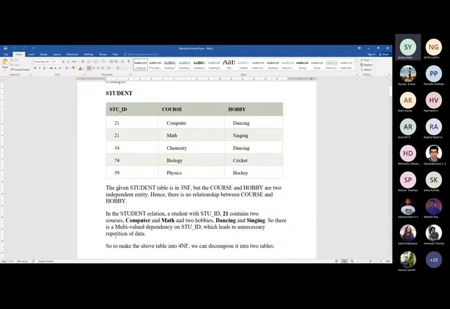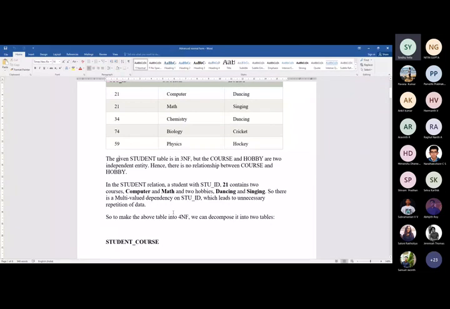In the student relation, a student with ID 21 contains two courses, computer and maths, and two hobbies, dancing and singing. So there is a multi-value dependency on student ID, which leads to unnecessary repetition of data. Due to this multi-value dependency, some additional records are created like 21 computer singing, 21 maths dancing, and so on.